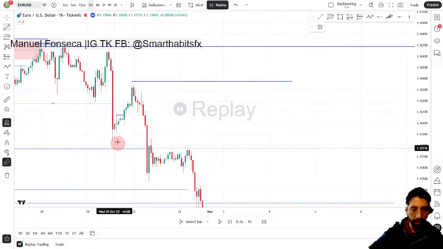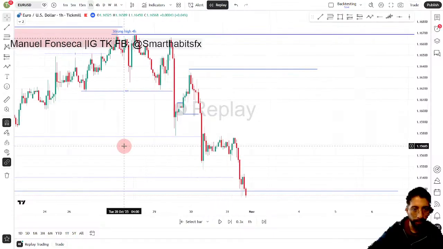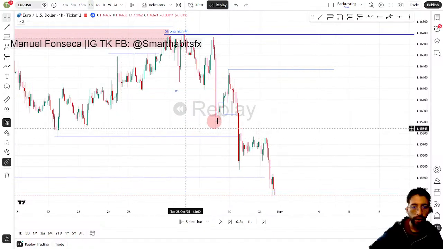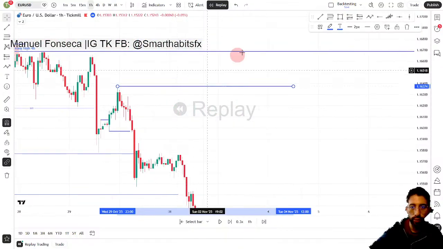Then we have here the break of structure, right? After this, if the price breaks the low, which is this low, the closest high will become the strong high. That's the reason why I selected this as the strong high.